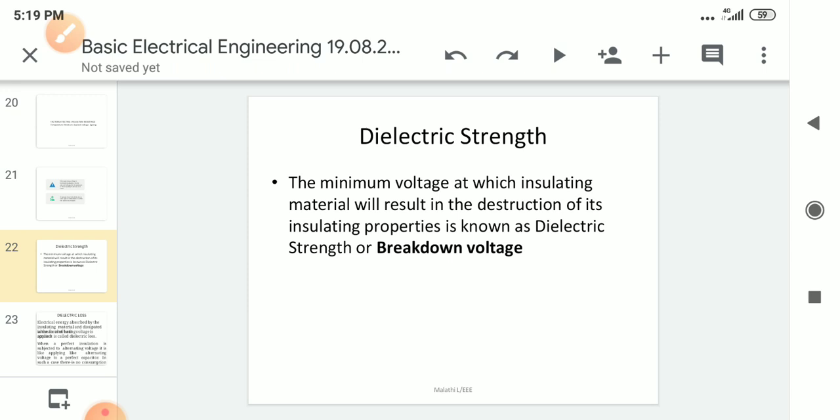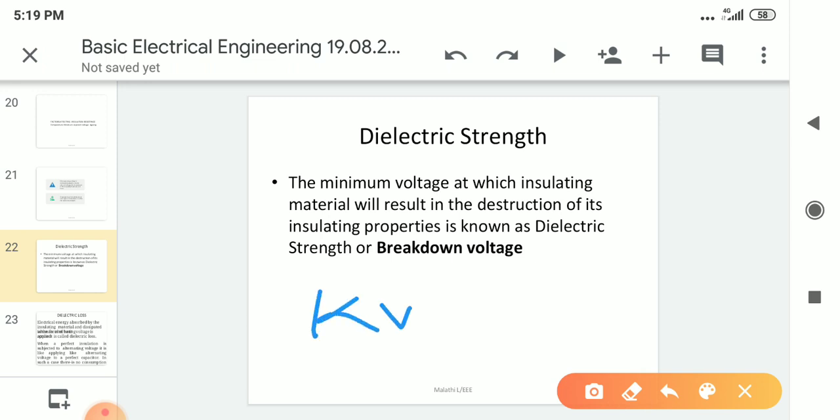The minimum voltage at which the insulating material breaks down, resulting in the destruction of its insulating properties, is known as dielectric strength or breakdown voltage. It is expressed as kilovolts per centimeter.